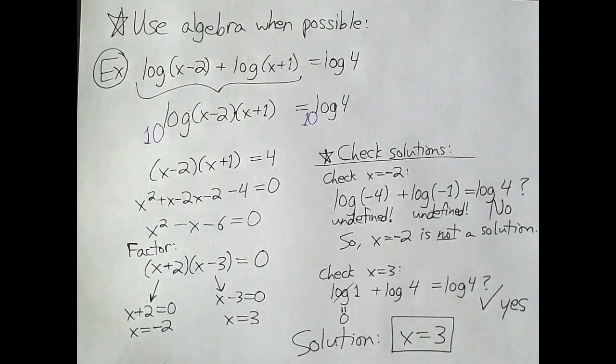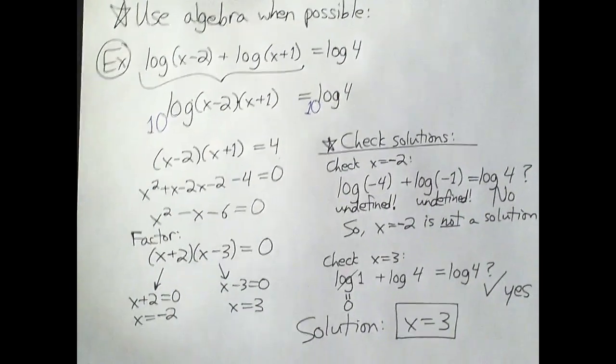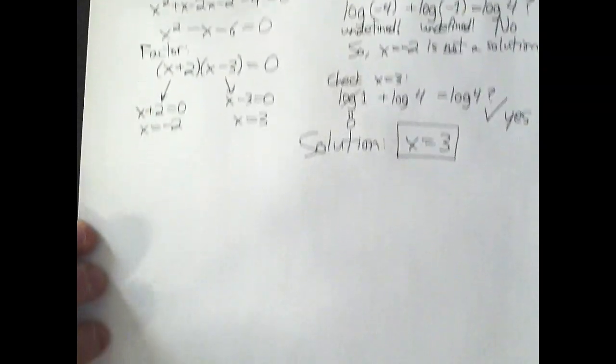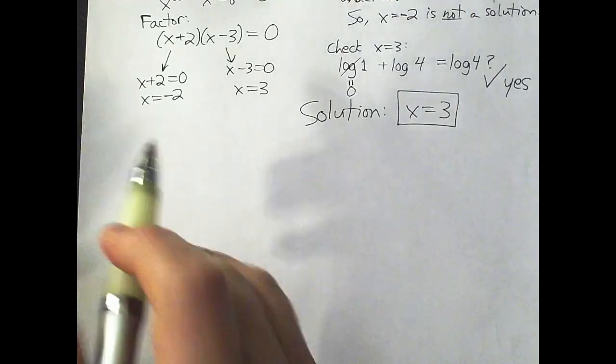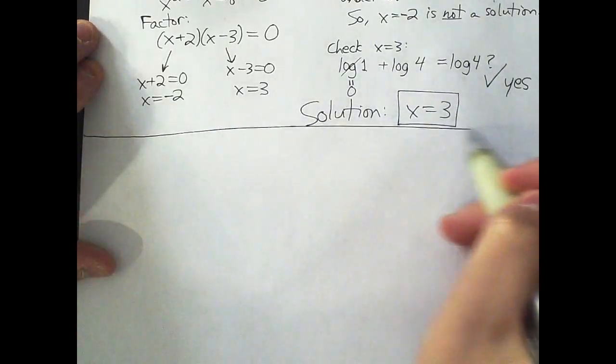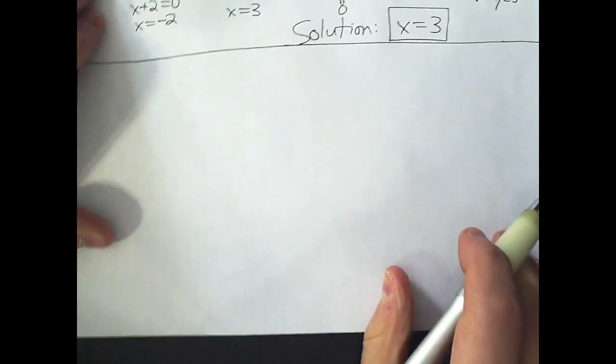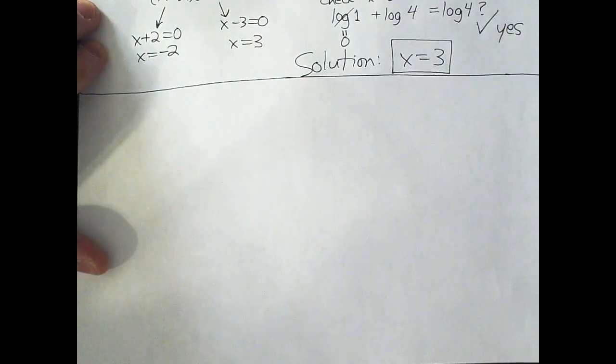Okay, so we spent a while on that problem. Maybe you could say that's the hardest problem we've seen so far in this section. I've got a problem that I'd like you to try of this type. So I am going to write this and then give you a moment to work on it.